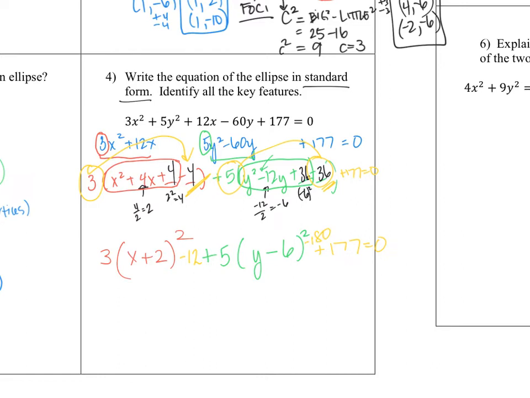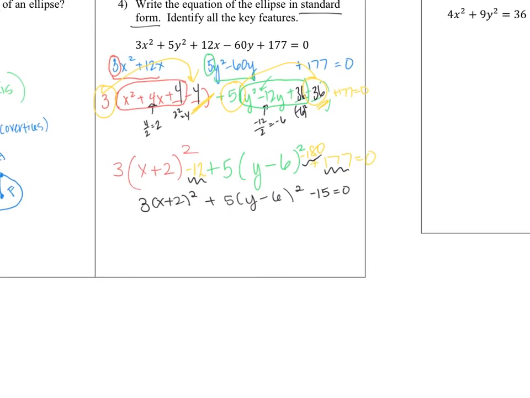So if I look at combining just these numbers, -12 and the -180 and the 177, it ends up being -15. So I have 3 times x plus 2 squared plus 5 times y minus 6 squared minus 15.